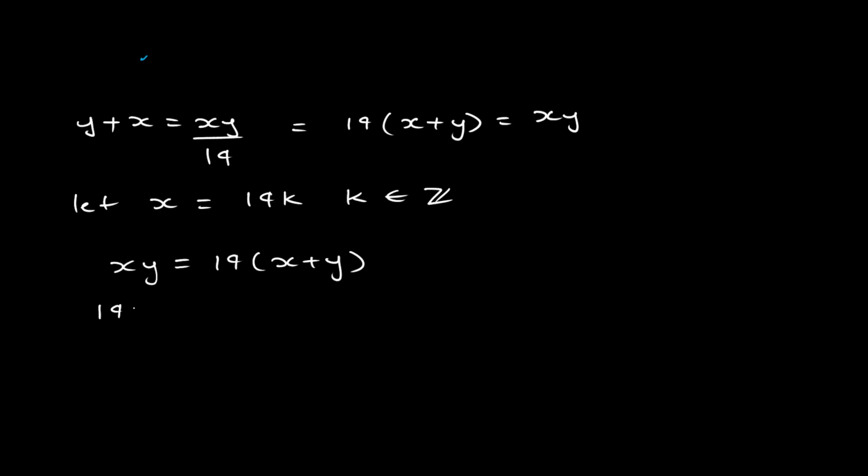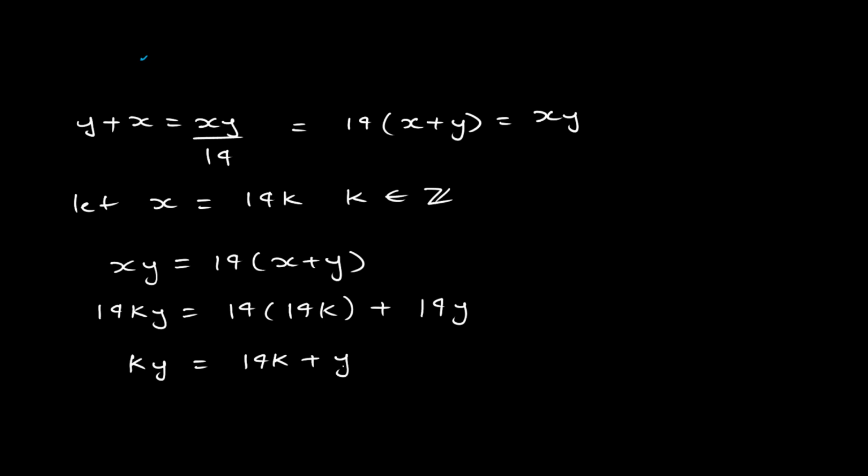So 19ky is equal to 19 open bracket, this is actually 19k, plus 19y. Now from here on out, we could divide through by 19. So on the left-hand side, we would just be left with ky is equal to 19k plus y.